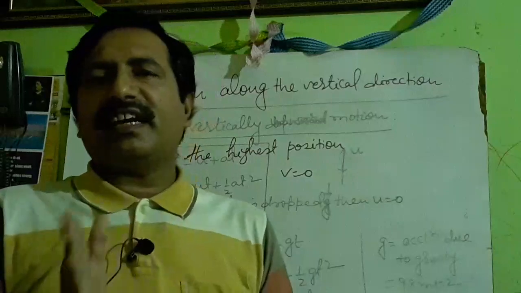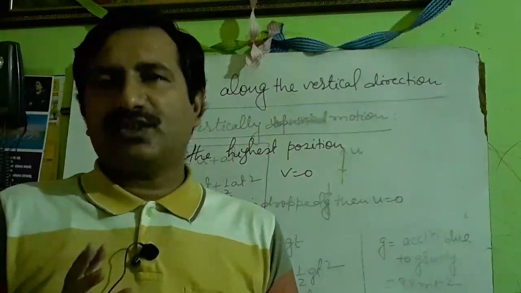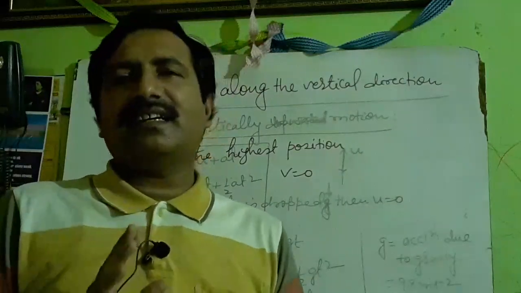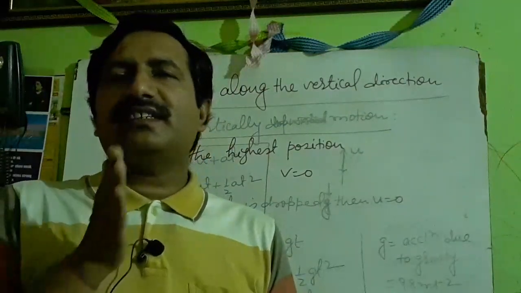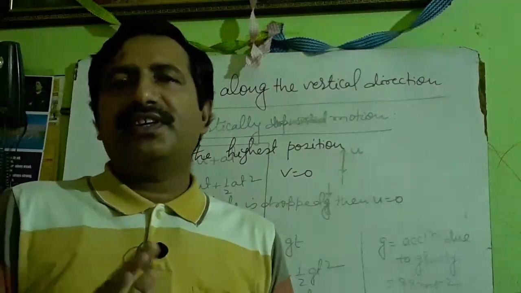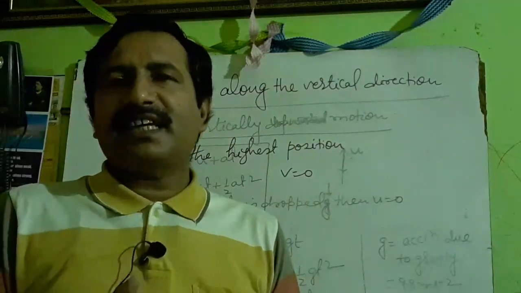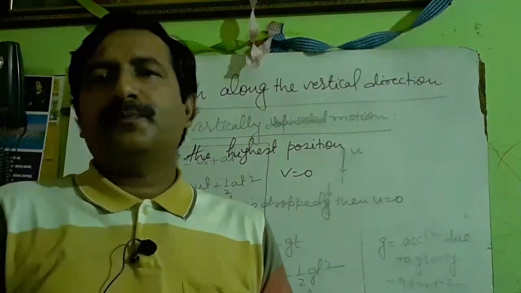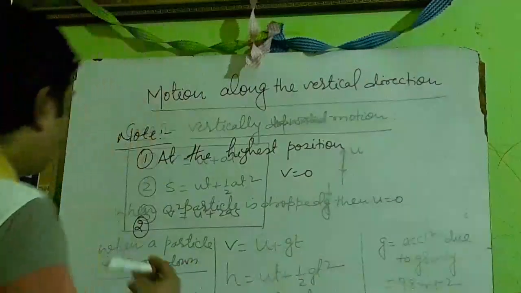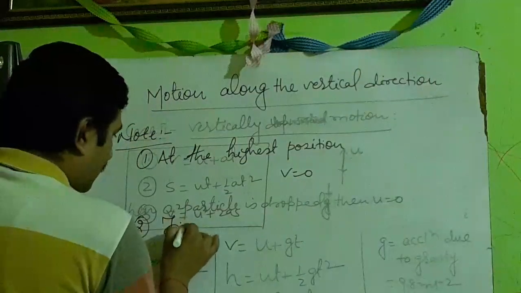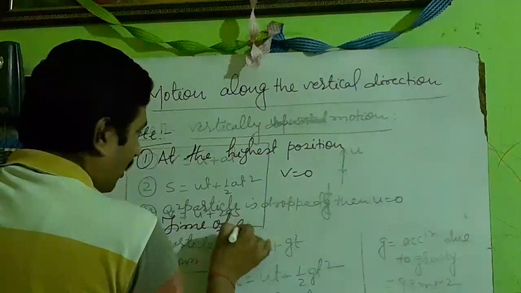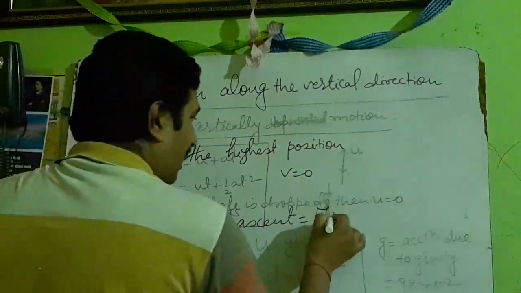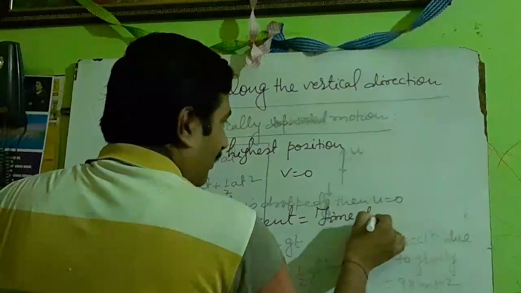So time of ascent and time of descent are equal, meaning the time taken to reach the highest position is equal to the time taken to return to the point of projection. Time of ascent is equal to time of descent.